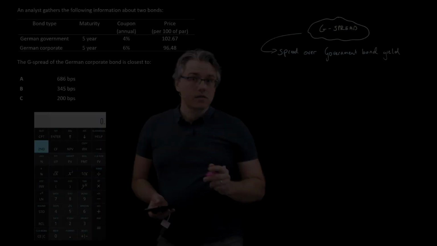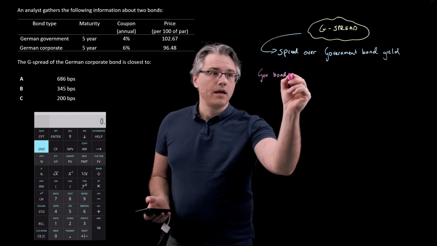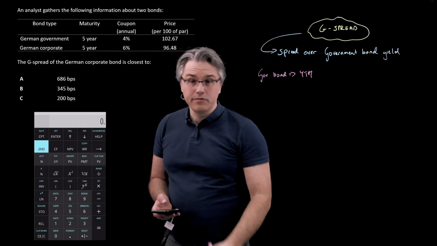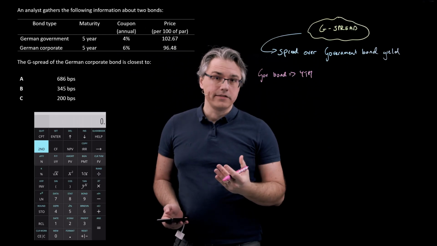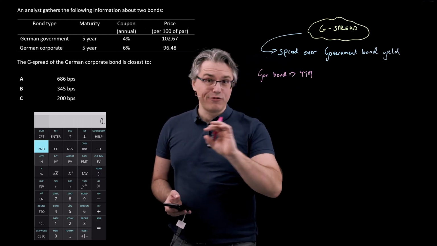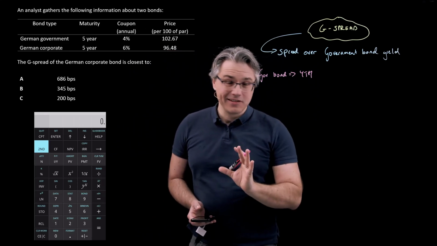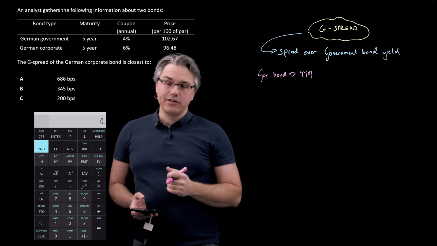Let's get cracking. So let's start with the government bond first. And obviously, I'm looking for its yield to maturity. So I'm going to utilize the time value of money worksheet on the calculator, which is that third row from the top with its distinctive, typically slightly different coloring than the other keys. And I'll just input the relevant parameters.